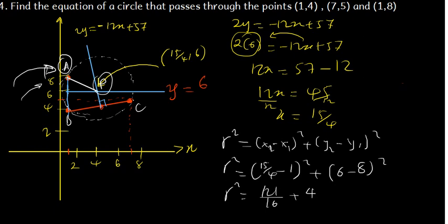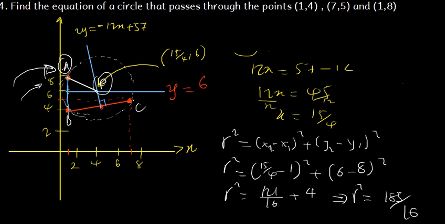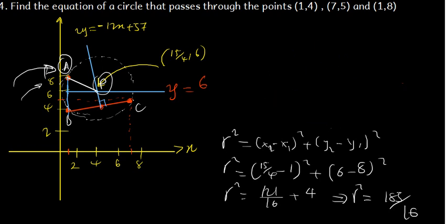So we can now add 121 over 16 plus 4. That is 185 over 16. So that is giving us r squared equal to 185 over 16. Now we know the general form of a circle. We can now go on and write it.